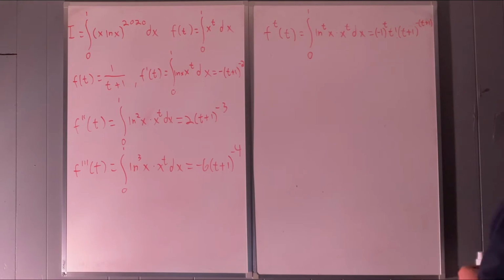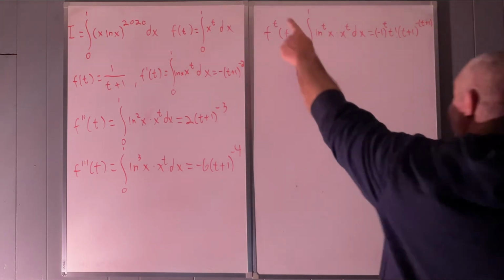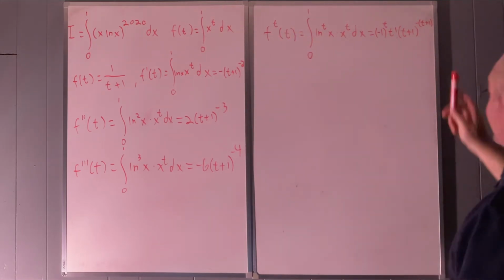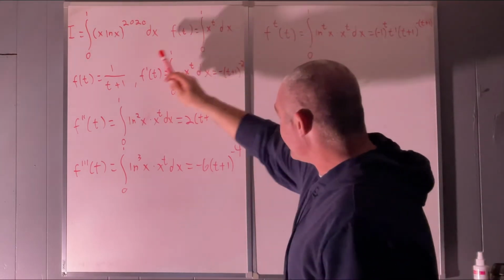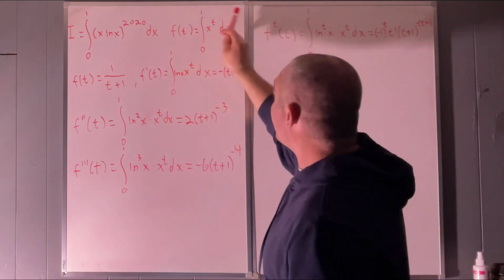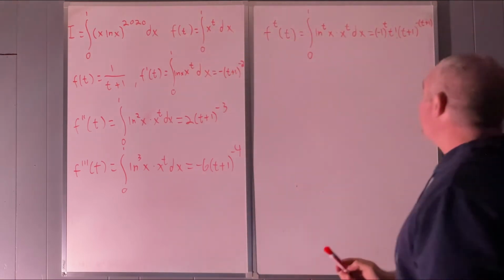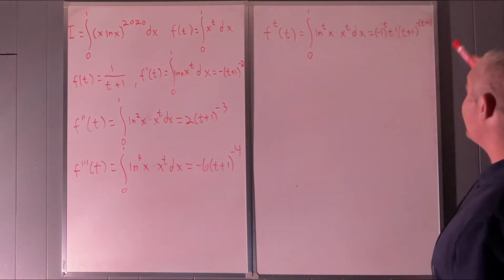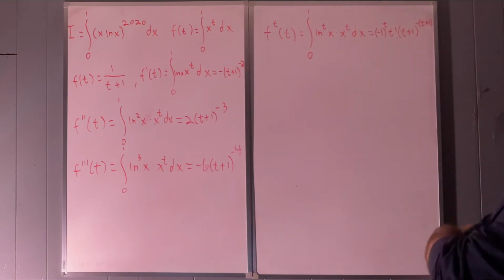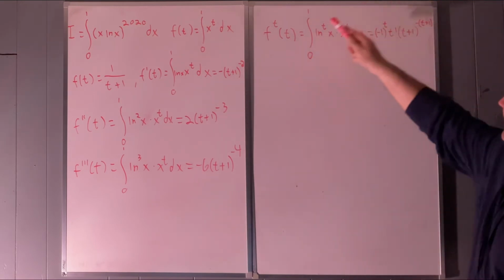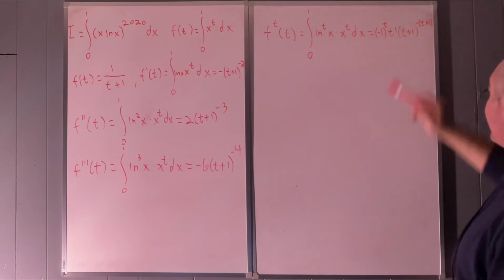So that's true. If we take t derivatives of this function, this is what we get: the tth derivative of f of t is equal to the integral from 0 to 1 of this, which is also equal to this.